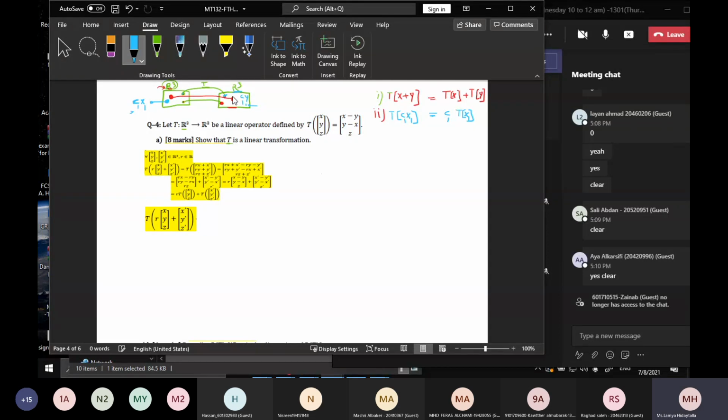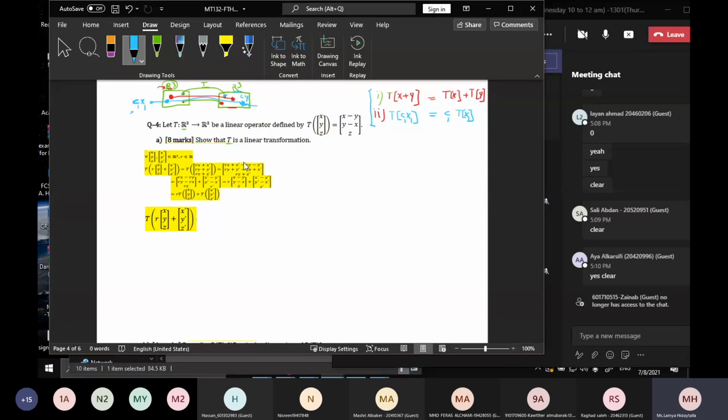So this one, when we multiply by C1, gives us this one here. That means this one should be transformed to this one here. So if these two conditions are satisfied, your transformation is a linear transformation.